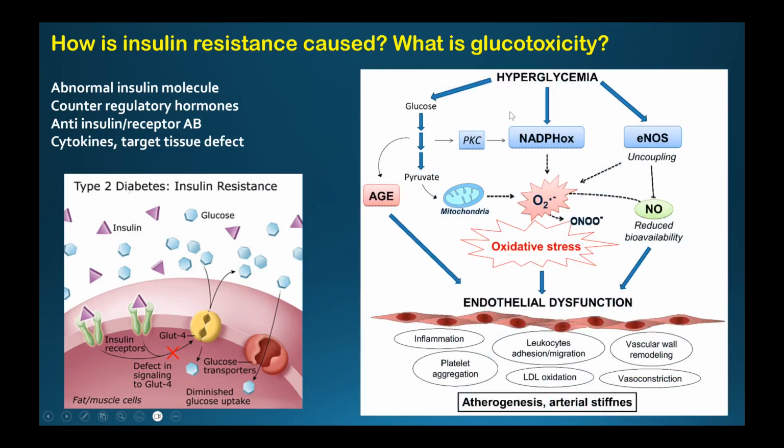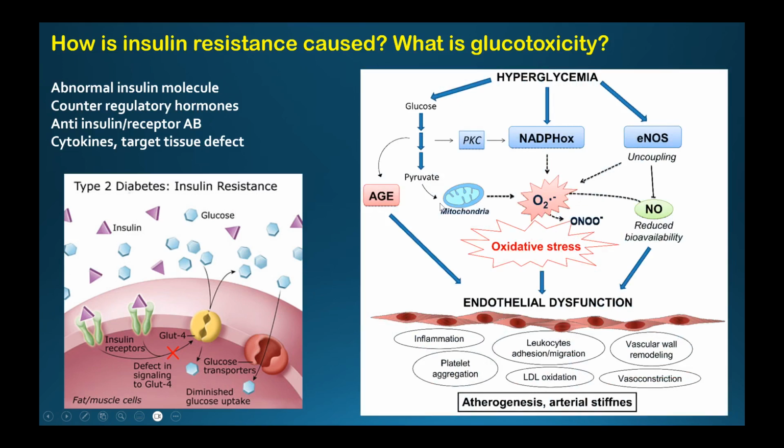And if there is hyperglycemia, that is glucotoxicity, there is an excess of glucose, which normally has to be converted by the glucose metabolic pathway up to pyruvate, and this pyruvate will go into the mitochondria and through the oxidative phosphorylation chain.